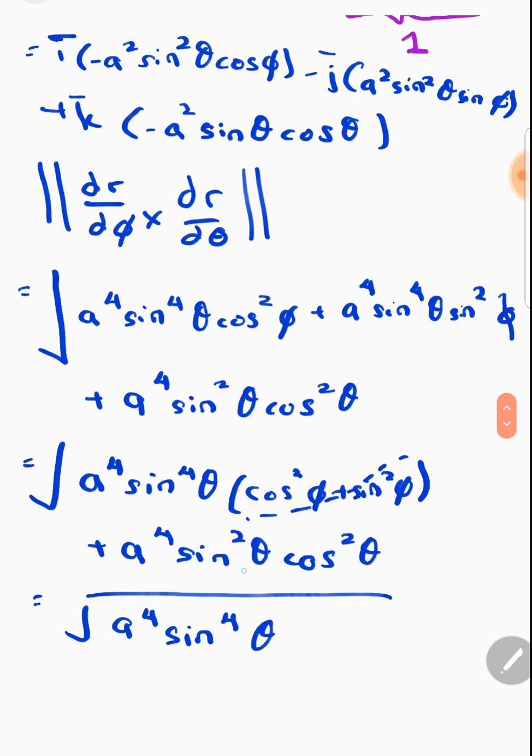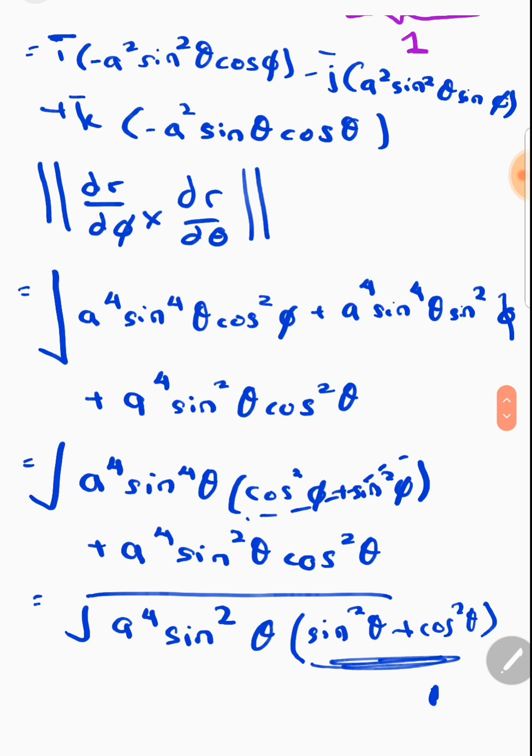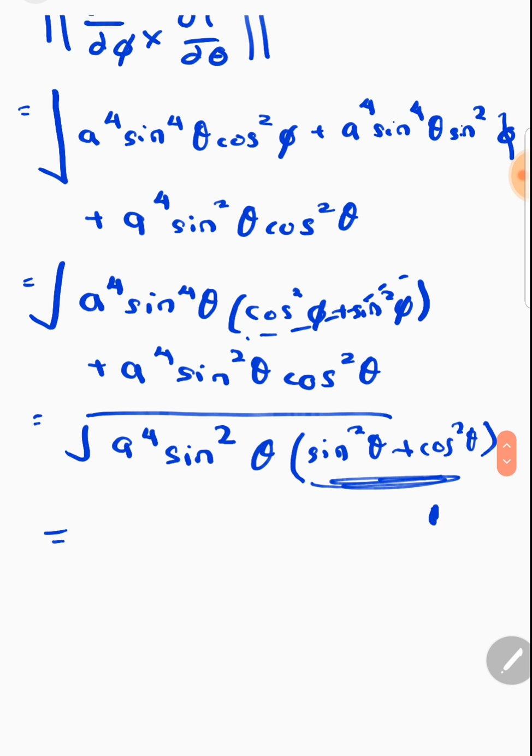I can still simplify this. How do I factorize it? I factorize it like this. Now I have a power 4 sine square theta times sine square theta plus cos square theta. Again, this is actually 1, which eventually leaves me with a square sine theta.